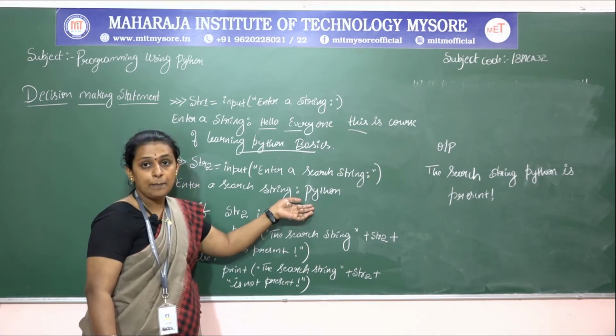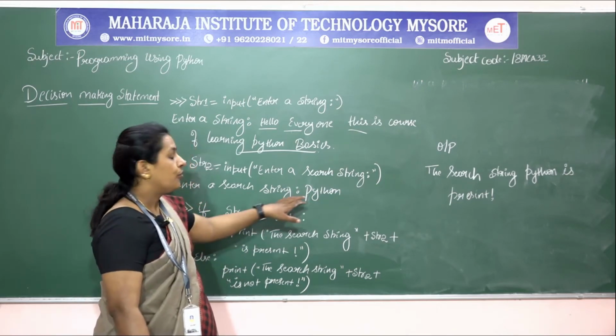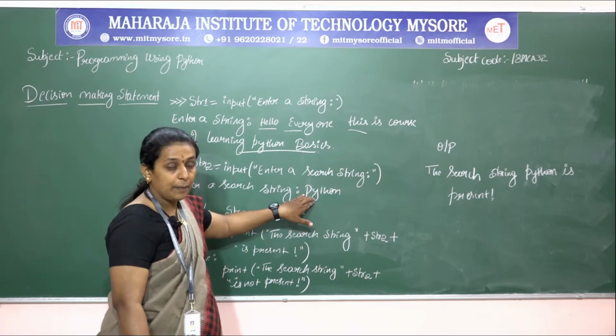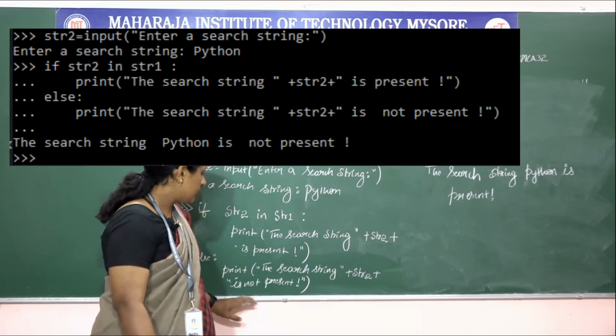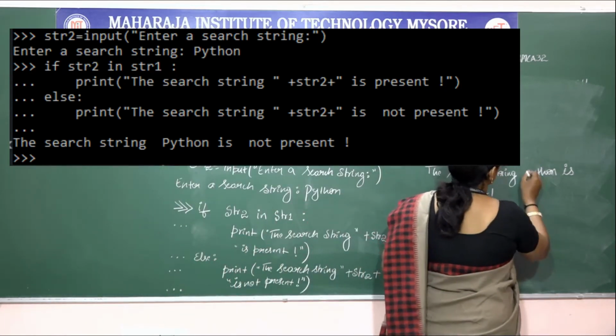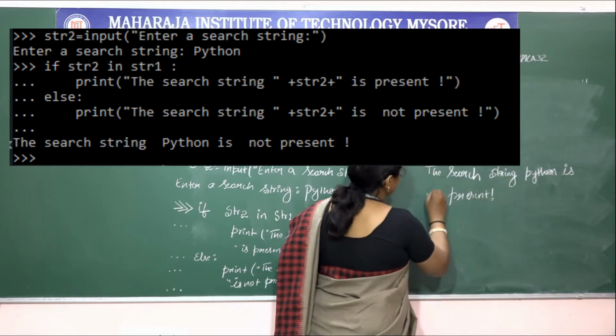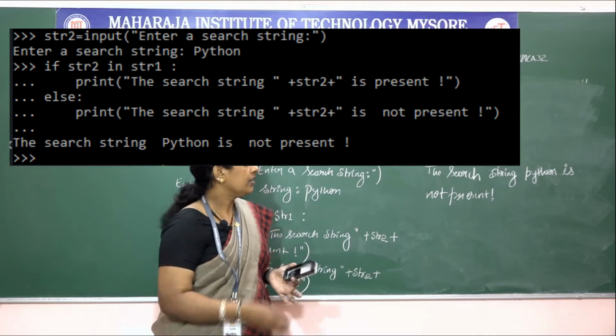So the uppercase P and lowercase p have different values. When we pass Python with a capital P, we will get output as: the search string Python is not present.